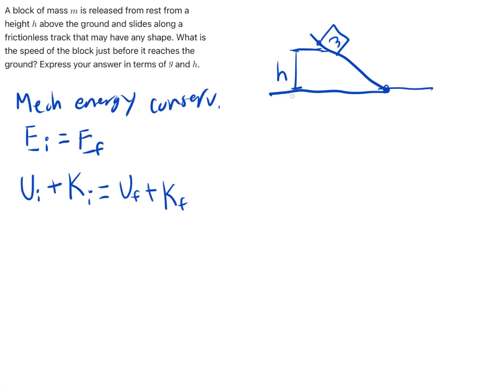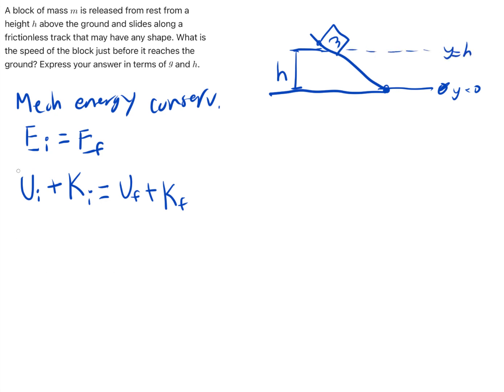And we can do this because the change in potential energy is what really matters, not the absolute value itself at a certain point. So if we choose this to be 0, so this is at y equals 0, and up here is at y equals h.